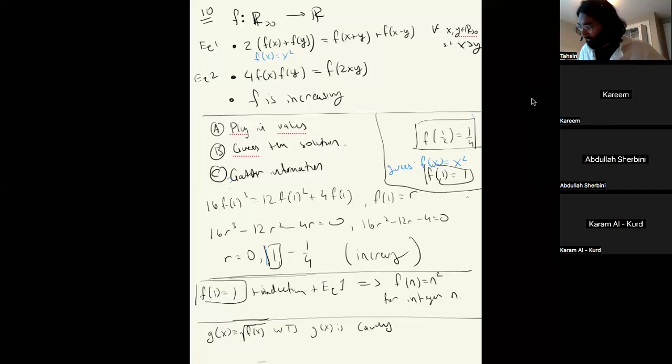Good. So one strategy can be: show g of x equals square root of f of x is Cauchy.